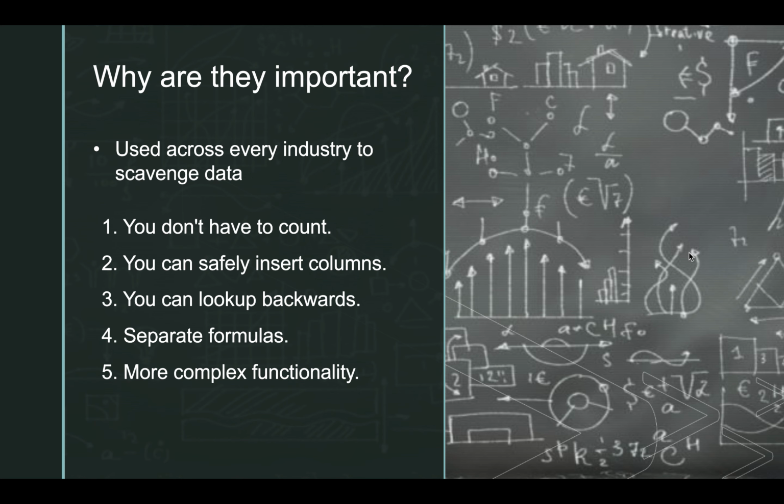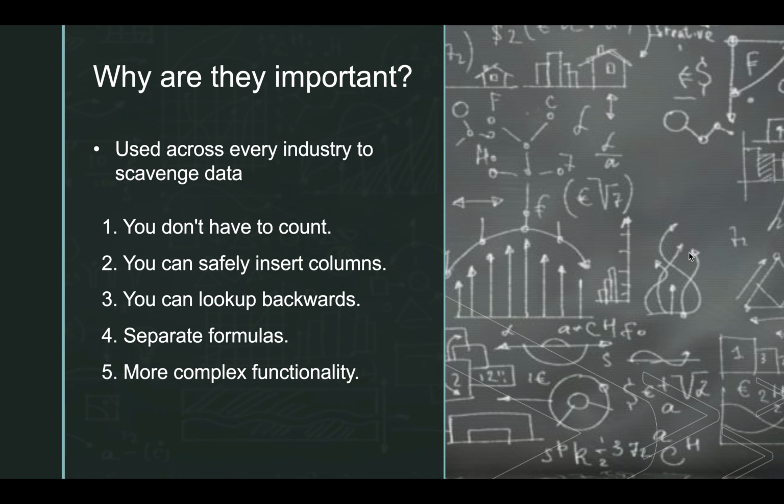Number 3, you can look up backwards. vlookup only allows you to look up from columns that are in front of your starting point. But with index match, you can pull from any column you want. Number 4, you don't need to remember separate formulas, because it's all given under index match.